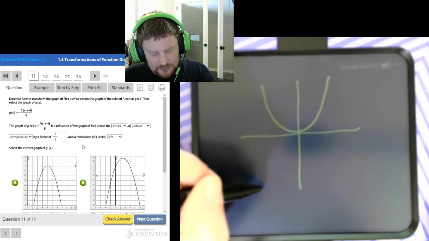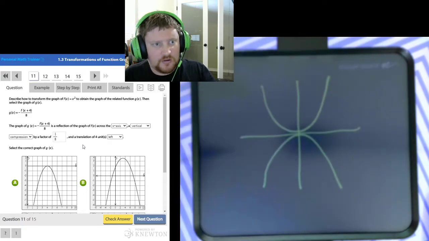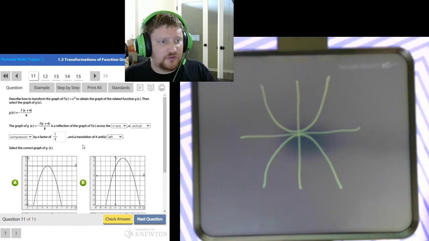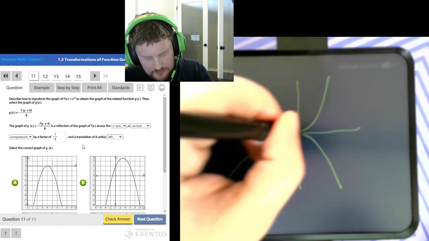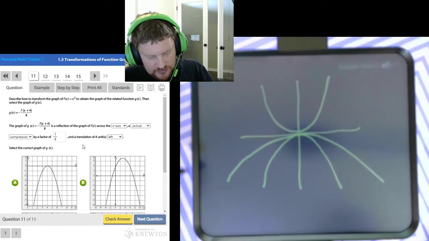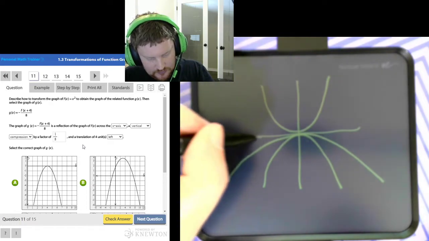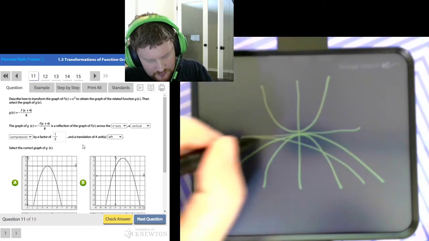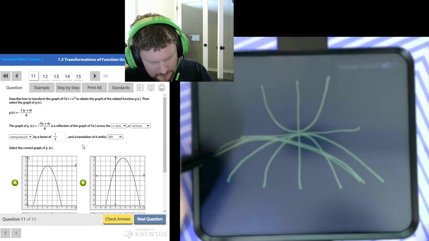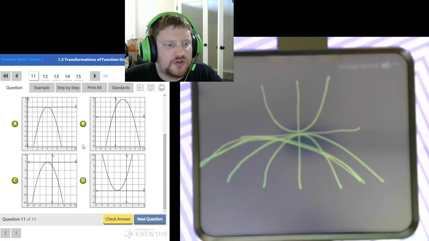First we need to flip it. Then we need to compress it. And then we need to shift it. So what we're looking for is this line right here. So it should be super skinny.